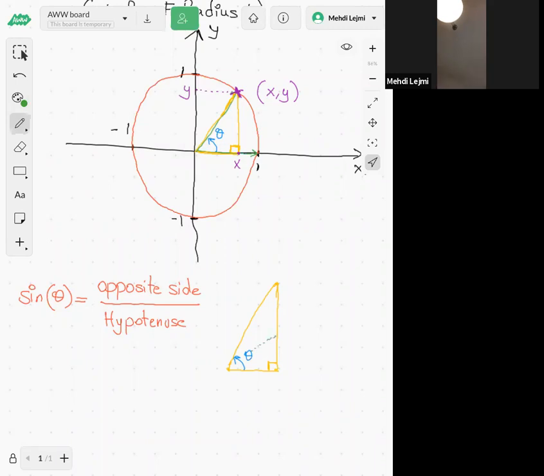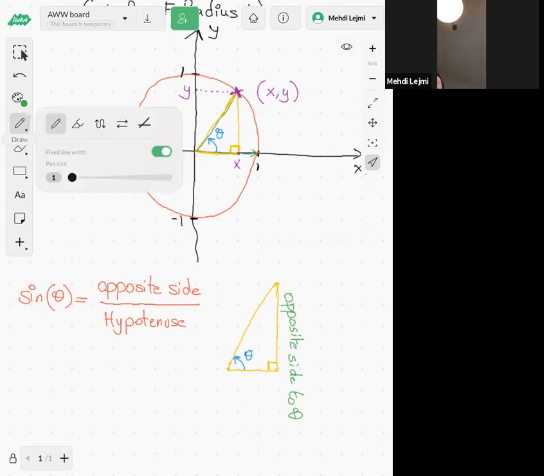This is what I call the opposite side to the angle theta. Now the hypotenuse: what I call the hypotenuse is the side opposite to the right angle. So this is my right angle, and the opposite side is this one here. That's my hypotenuse.